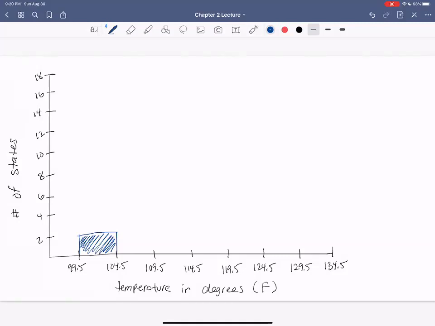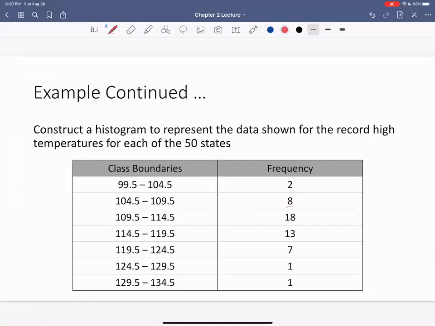And we're also going to write the value right above it. It's not required. Texts don't require it. This is not something that you're going to see everywhere, but this is what I would like you to do in order for you to really make sure that our data is as organized as possible. Now, between 104 and 109, if you go back to our data, here was 8.